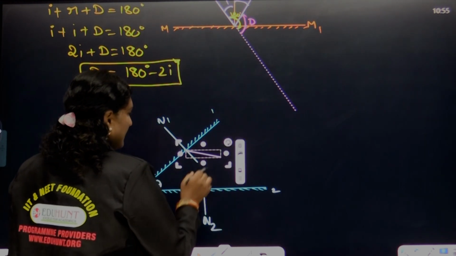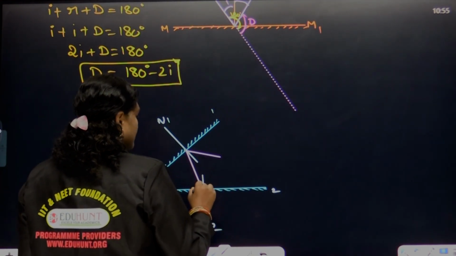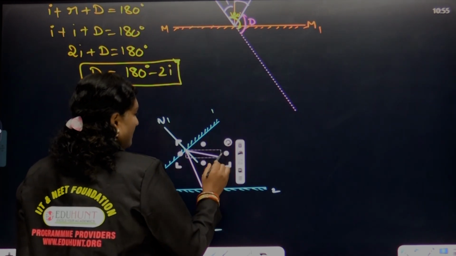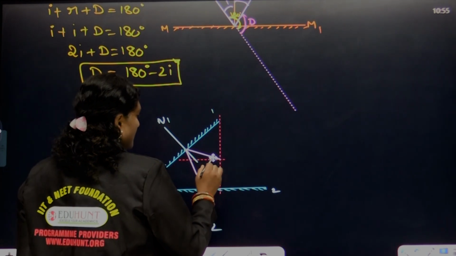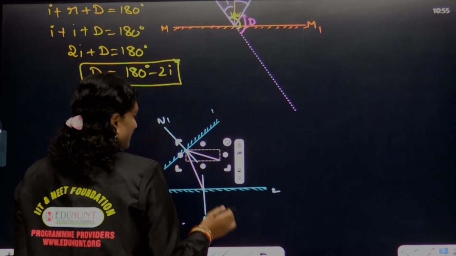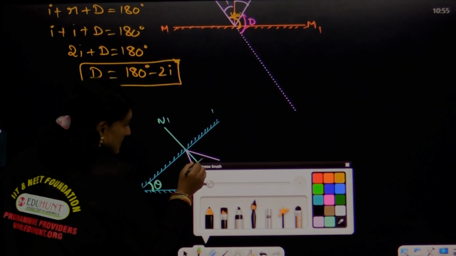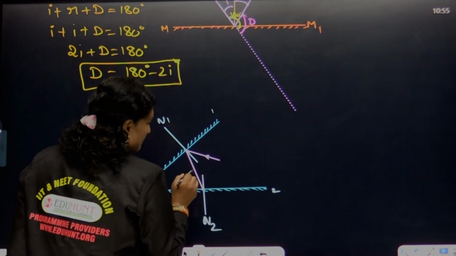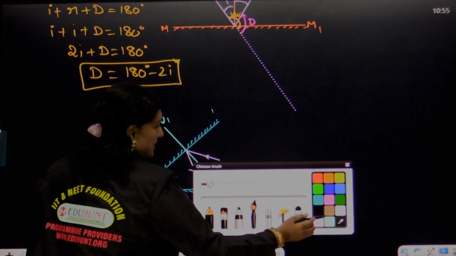No doubt, as it is falling on the plane mirror, the light ray is reflected back into the same medium. So, we consider that this light ray is incident on this mirror making an angle alpha.